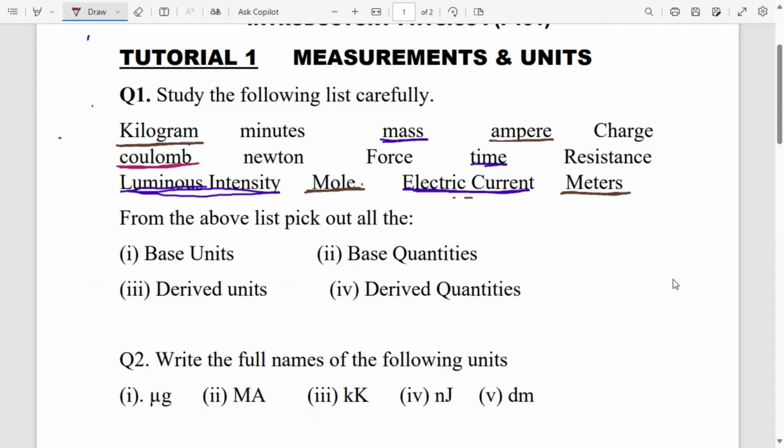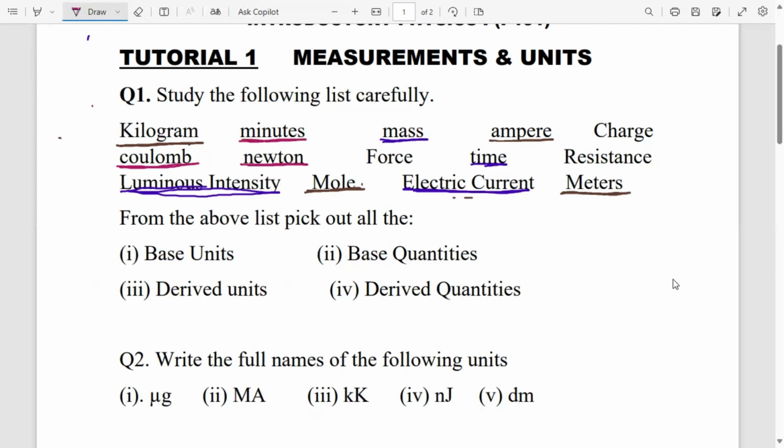The Newton is one of the derived units. And what else? The minute. The base unit for time is the second, so minute can't be a base unit.